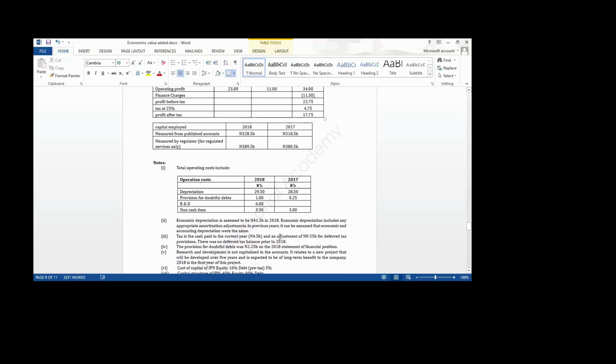Economic depreciation includes any appropriate amortization adjustments for previous years. It can be assumed that economic depreciation in previous years and accounting depreciation are the same. Very similar to the last question we solved. And both were account questions.